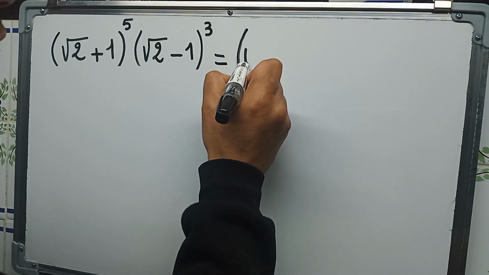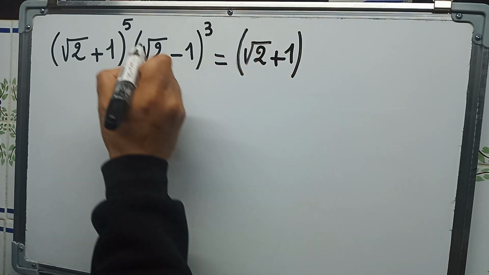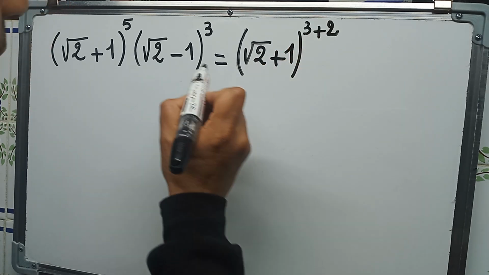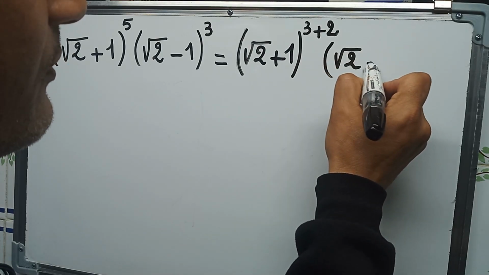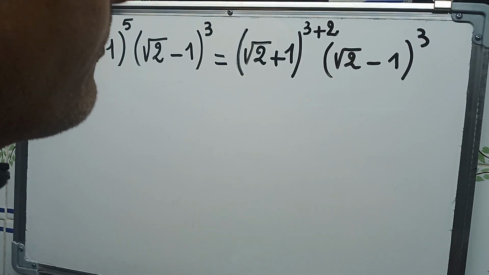It's square root of 2 plus 1 to the power of 5 is 3 plus 2 times square root of 2 minus 1 to the power of 3.